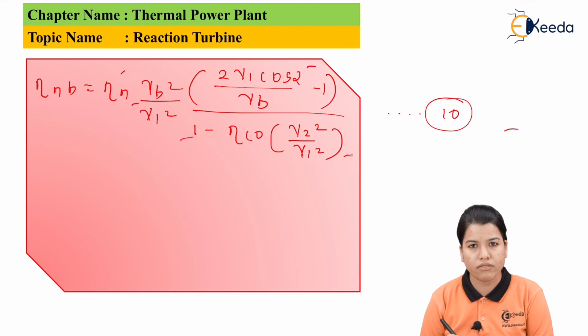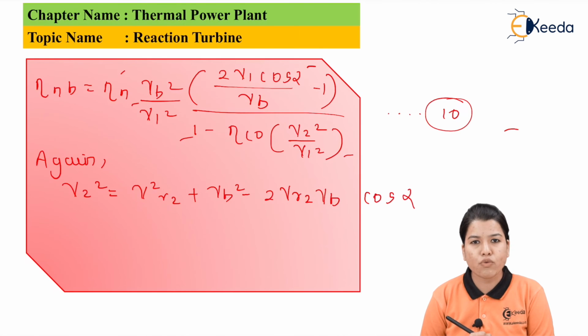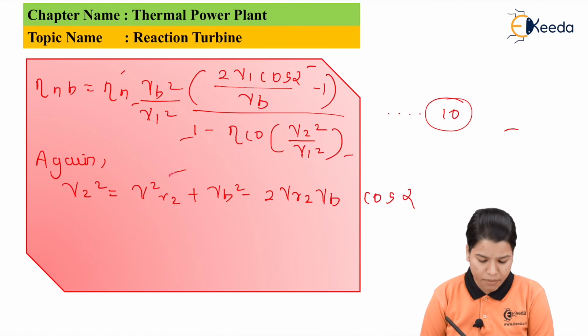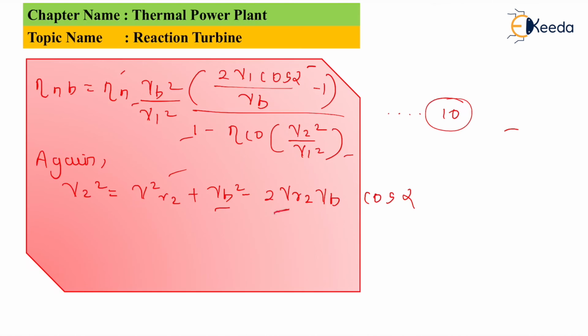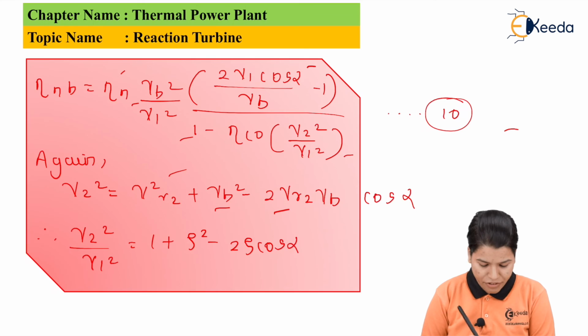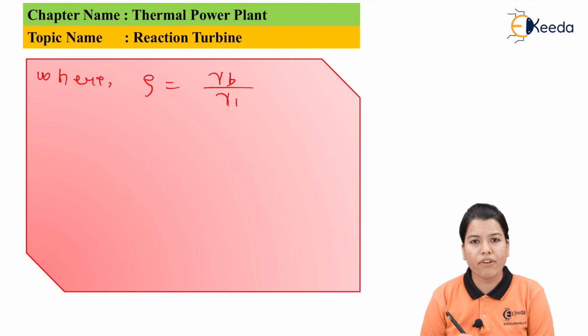Again we know that V2 square is equal to VR2 square plus VB square minus 2VR2 VB into cos of alpha. Hence we can write V2 square divided by V1 square is equal to 1 plus rho square minus 2 rho cos of alpha. In this equation, rho is equal to VB divided by V1.